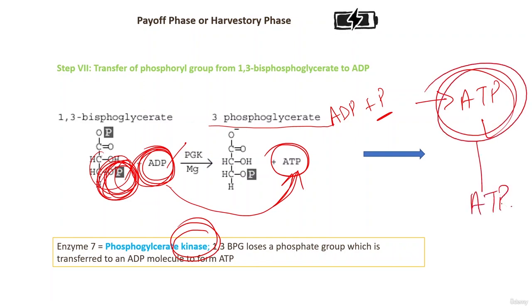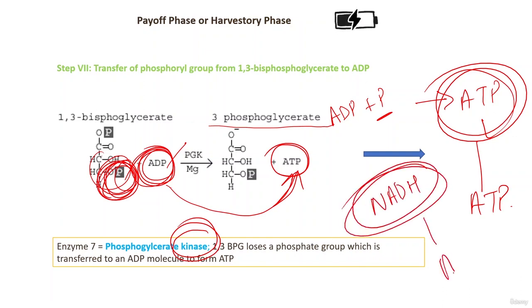In the previous step we got NADH, which was used to produce ATP, and in this step we are also getting more ATPs.